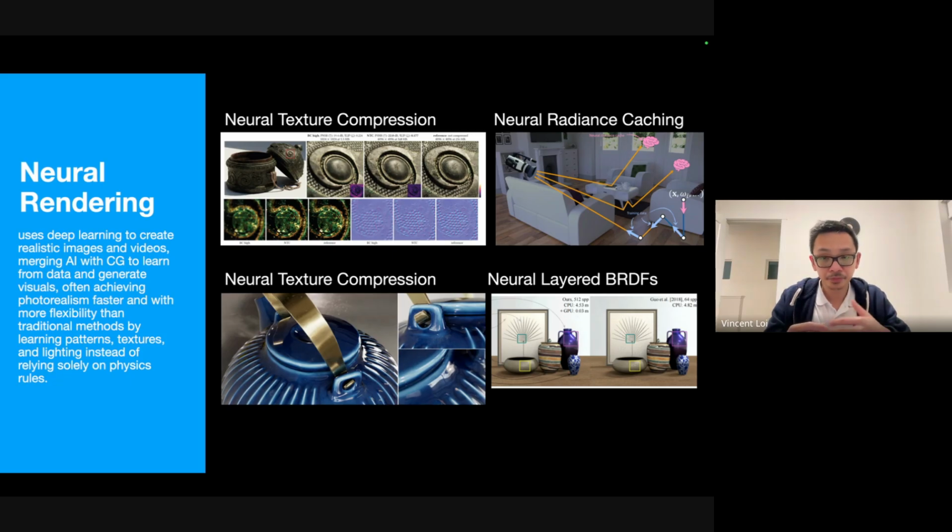And of course, they also have neural materials. It means that we're trying to represent the surface of a material in a very small neural network, and we can represent it with more realistic details. Because in traditional graphics, we can only put 2K or 1K textures. If you want to render 4K in real time, that is very, very difficult.